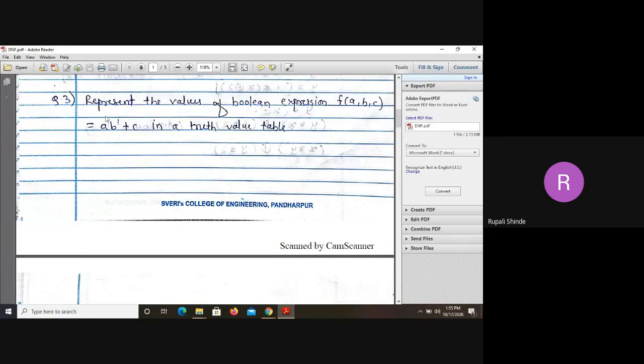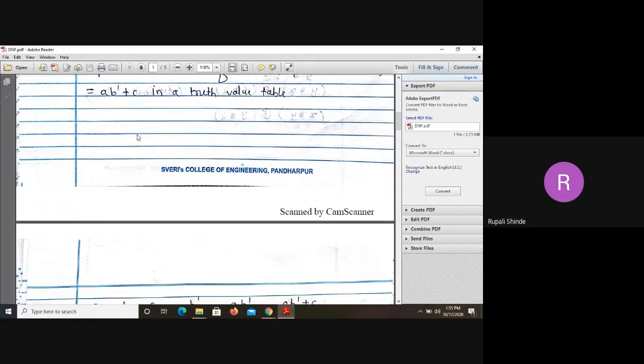So we have to represent this in the format of a truth table. So f of ABC means this expression consists of three variables a, b, c, and we have to find the value of a, b complement plus c.